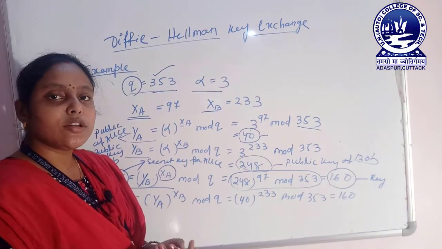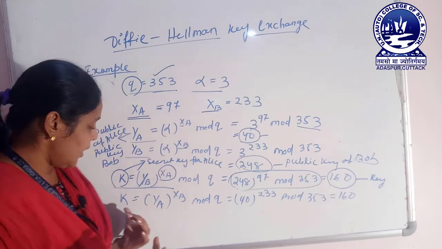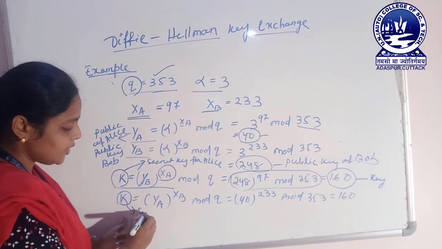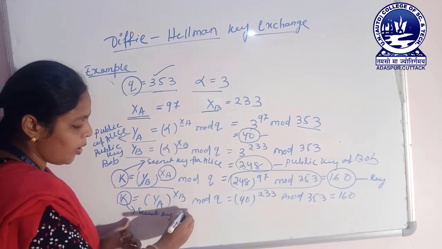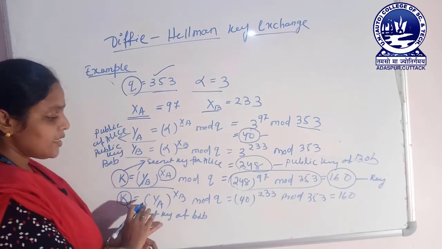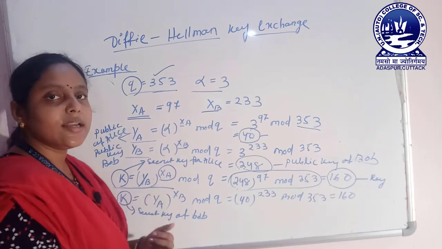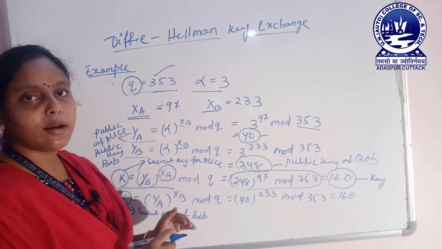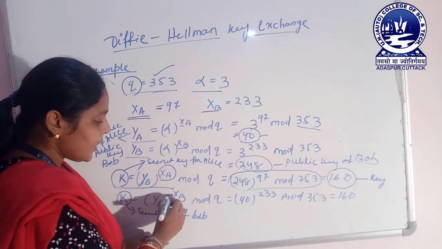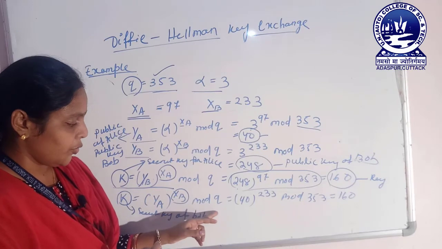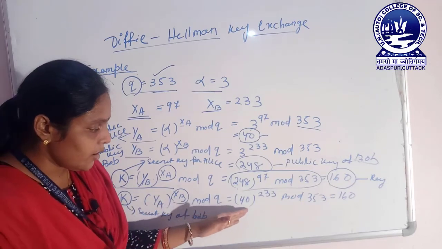Then Bob also calculates its secret key. Here look at this K. This K is the secret key of Bob. That is equal to YA to the power XB, mod Q. Here YA is the public key of Alice, and XB is the private key of Bob. Now look at here.